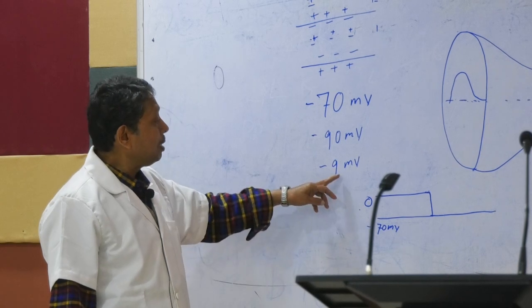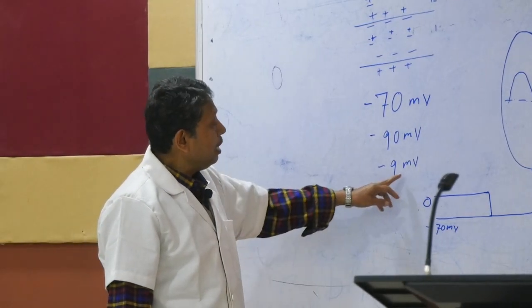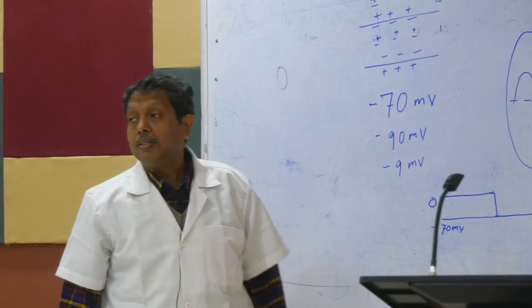In case of skeletal muscle, it is minus 90 millivolt, and in case of RBC, it depends upon the behavior of the membrane and the concentration, different factors. And within the cells, there are some elements, proteins, sulfates, phosphates, that are negatively charged.